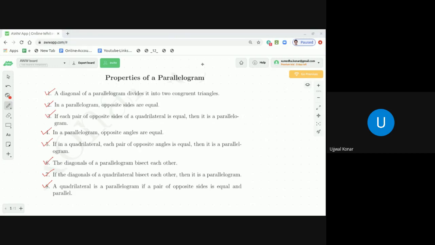The first 3 properties were already discussed in the previous session. You can look into the previous session lectures in case you have any query. Now I'm going to start with property number 4, that in a parallelogram, opposite angles are equal. Let's see how we can prove that, and I'm going to prove it on the next page.